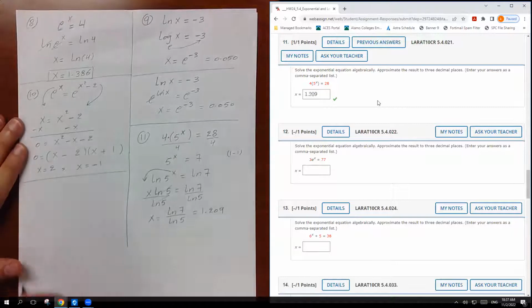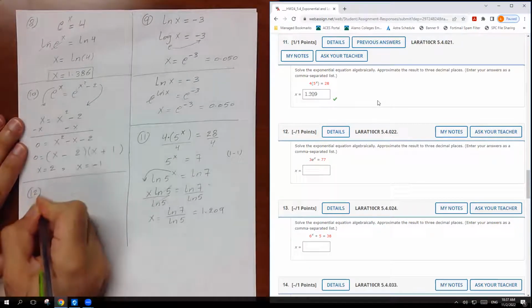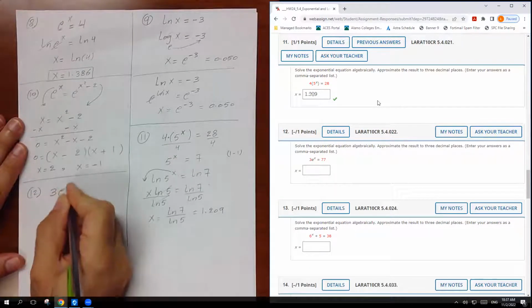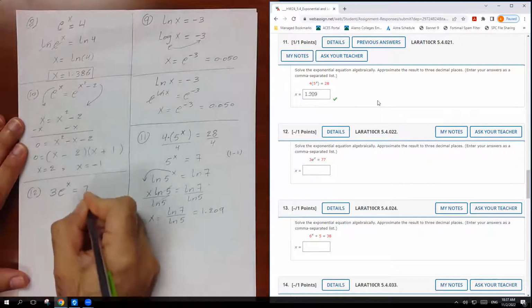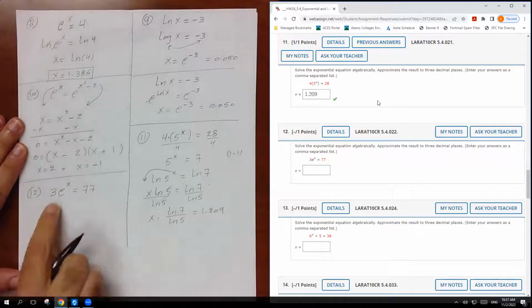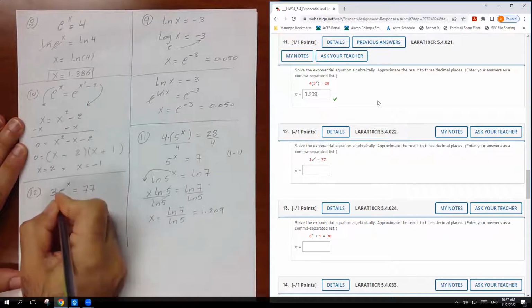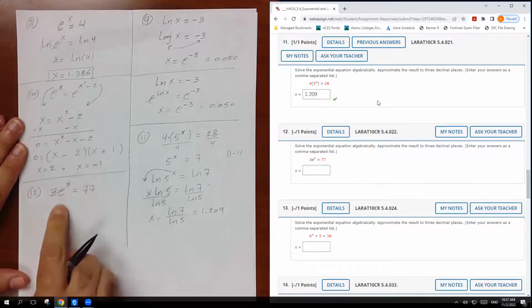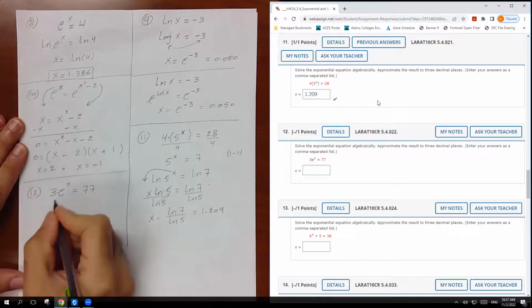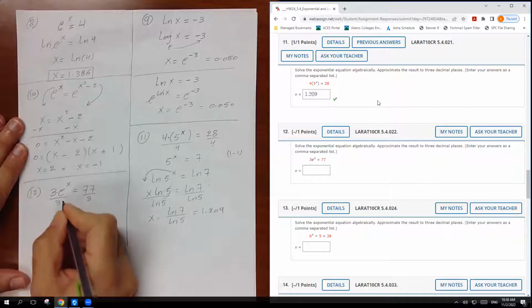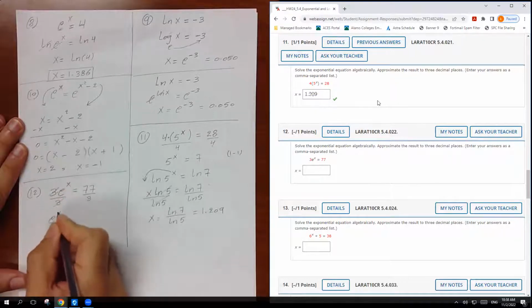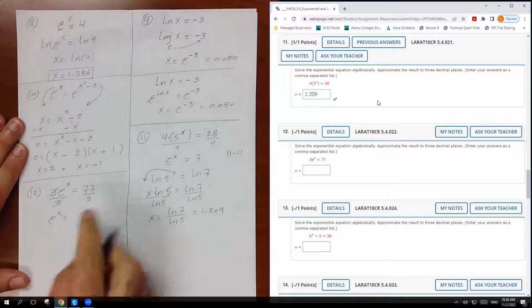For example 12, we have 3 e to the x equals 77. Also, we have 3 times this one, and here's the x, so I can't do anything here. So we're going to divide both sides by 3. Cancel these. So e to the x equals 77 divided by 3. I'm not going to do anything with this one.